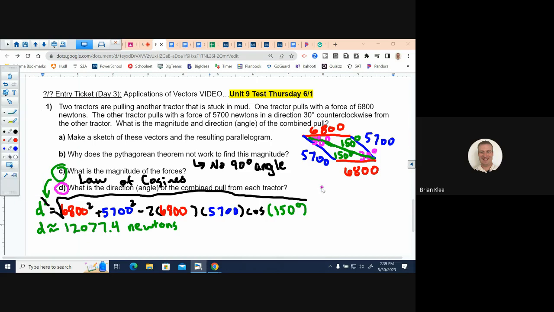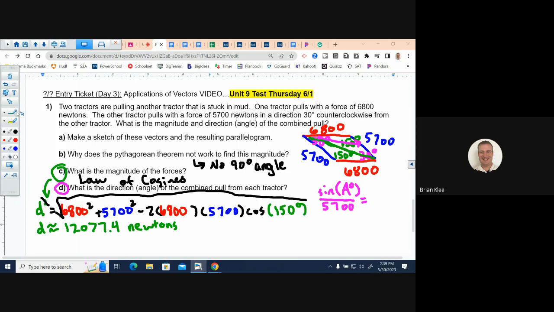So I don't know an angle. Let's call it A. But I know that opposite this angle here is the 5,700.